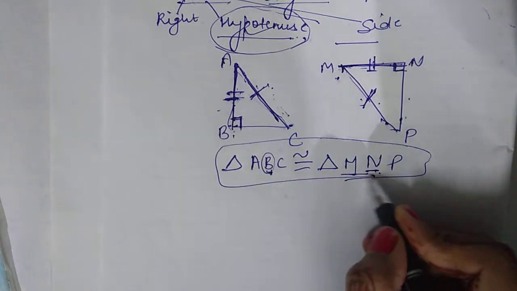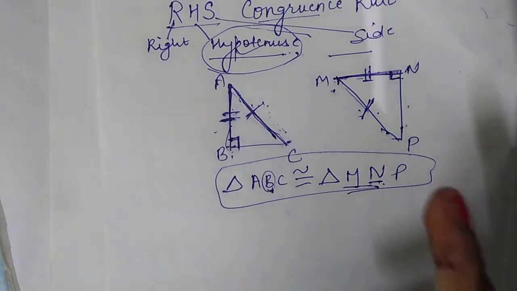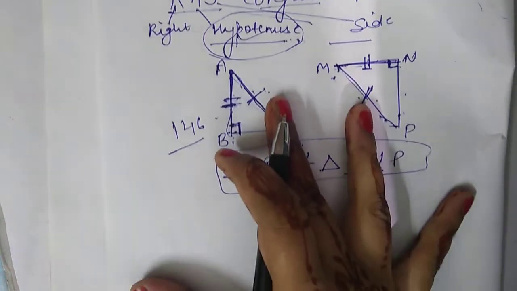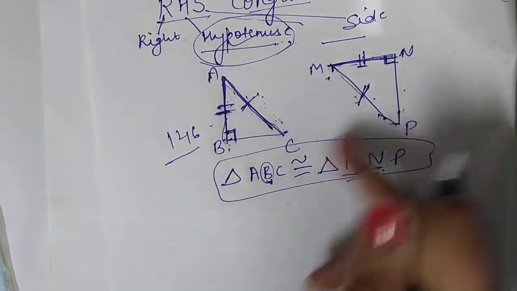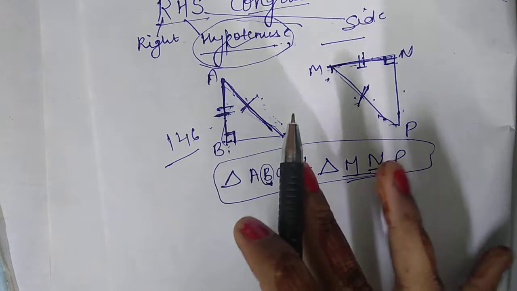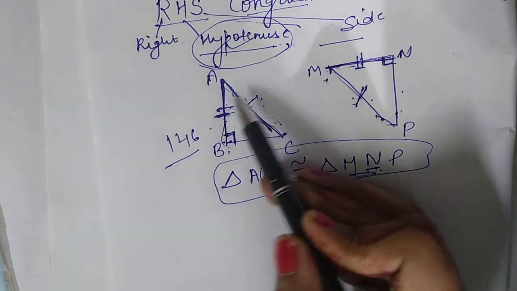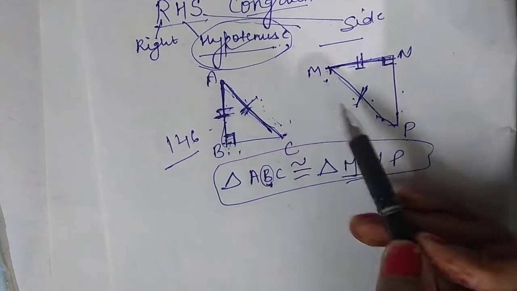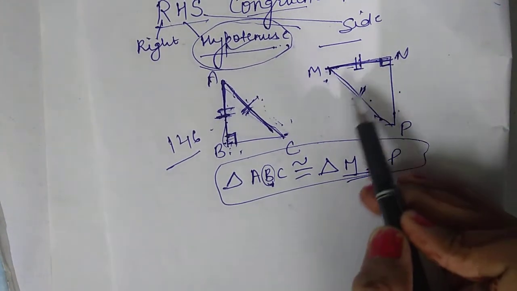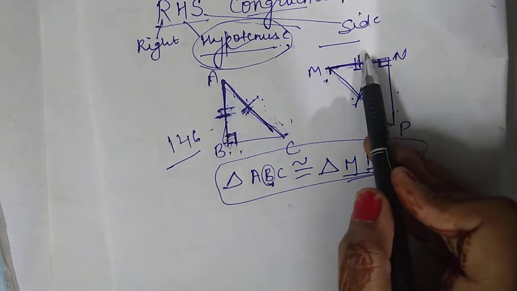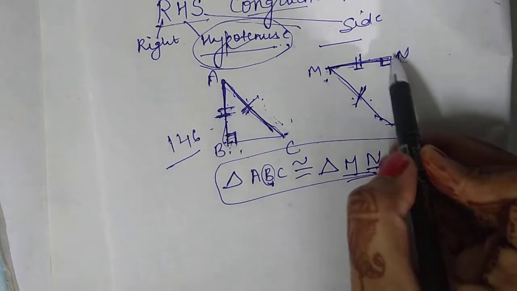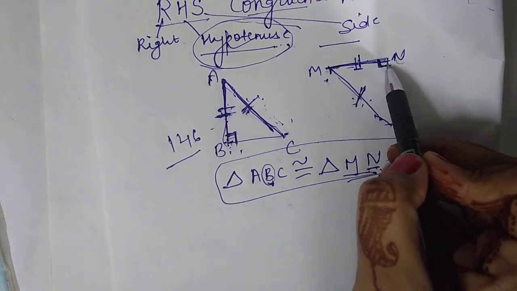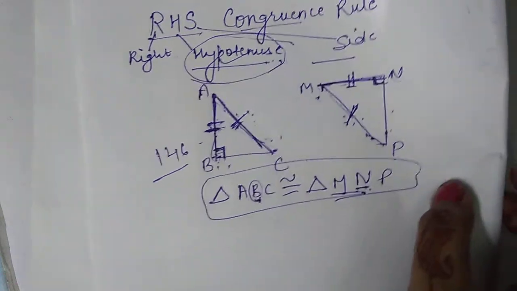This congruence rule is given on page number 146, the statement is given, and I am just explaining what it means. If under a correspondence the hypotenuse and one side of a right angled triangle are respectively equal to the hypotenuse and one side of another right angled triangle, then we can say the triangles are congruent.